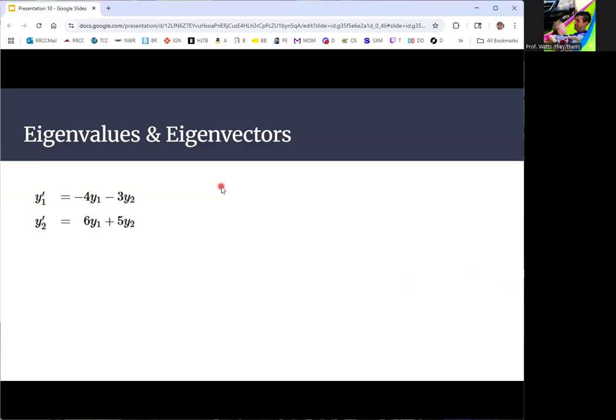All right, let's take a look at an example and go through that process. So first we want to rewrite this using the matrix form. So we just take those coefficients and keep them in the same order.